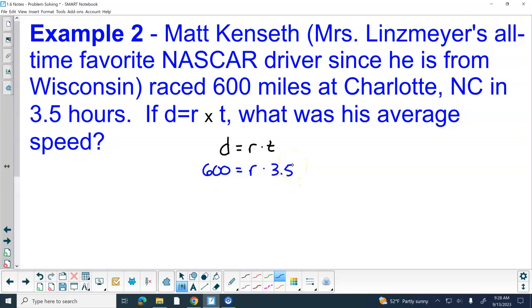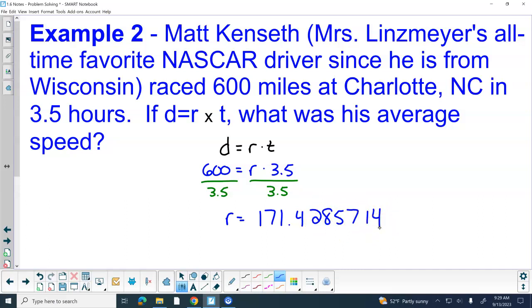So if we divide both sides by 3.5, I get 171.4285714.